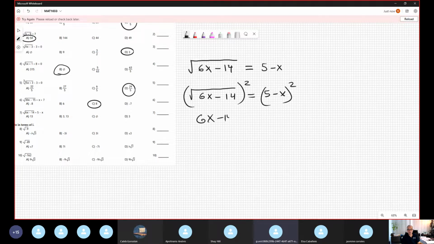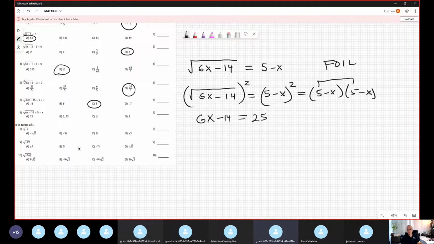6x minus 14, and this is multiplication of binomials, 5 minus x times 5 minus x. And you fall. Okay, 5 times 5, 25. 5 times minus x is minus 5x. Minus x times 5 is minus 5x.